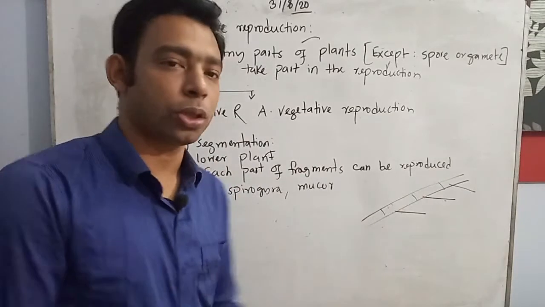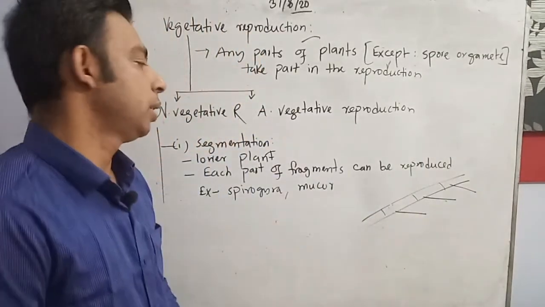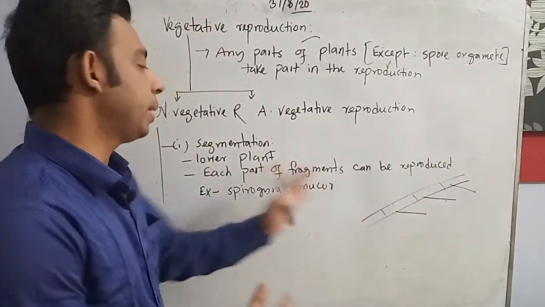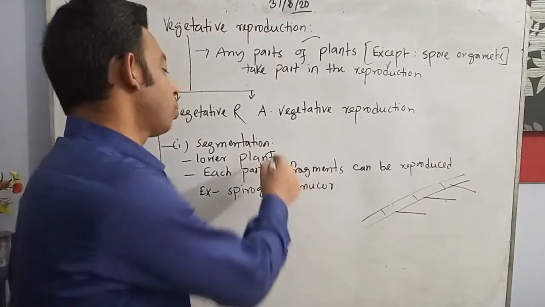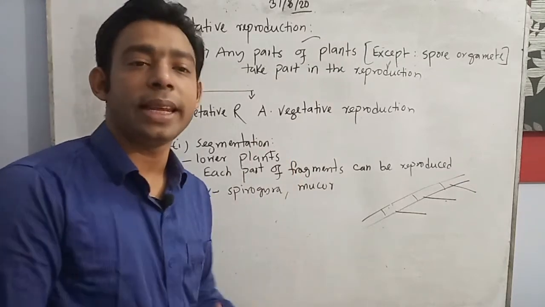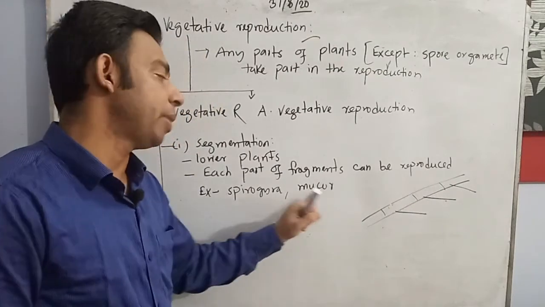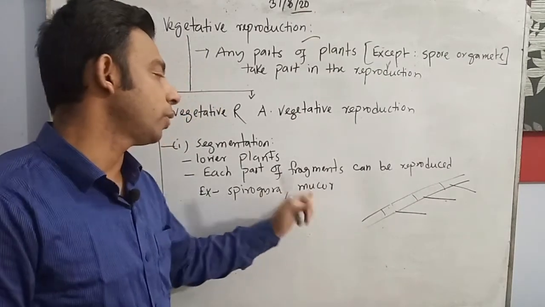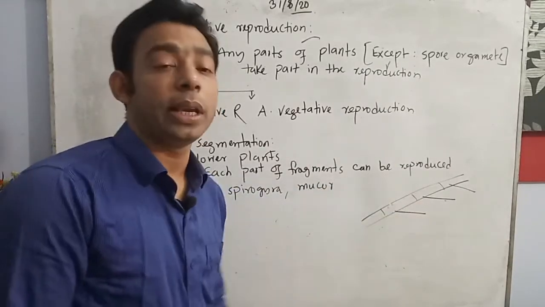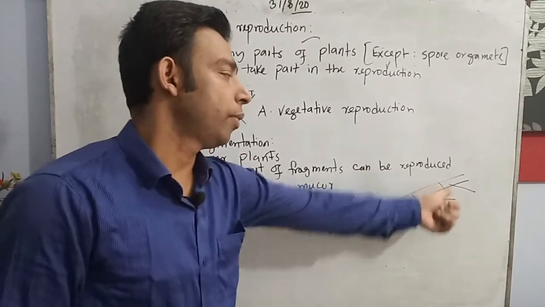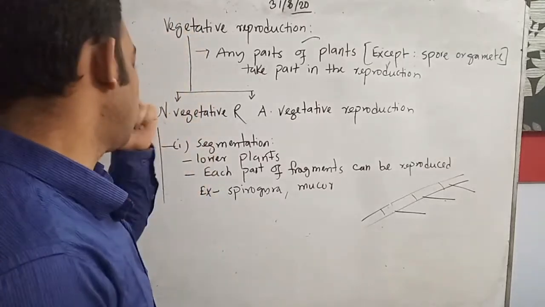So this is the process of segmentation. So in the case of lower plants, as we mentioned, lower plants are algae and fungi. Spirogyra is the algae and Mucor is the fungi. So algae and fungi can reproduce independently by forming fragments or parts, and these fragmented parts can produce new ones. So this is the natural vegetative reproduction.